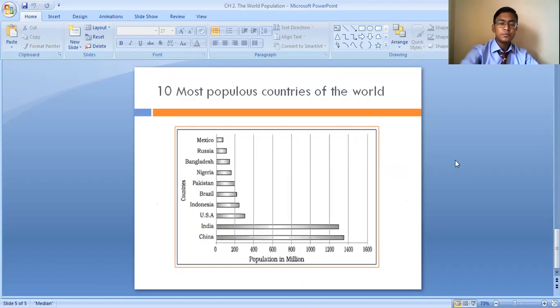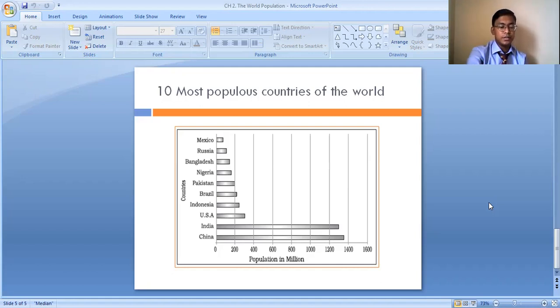Here you can see, if you move from down, from China to Mexico, these are the 10 countries in terms of population. China has the highest population, followed by India, USA, Indonesia, Brazil, Pakistan, Nigeria, Bangladesh, Russia, Mexico. 60% of the world's population can be found in these 10 countries.